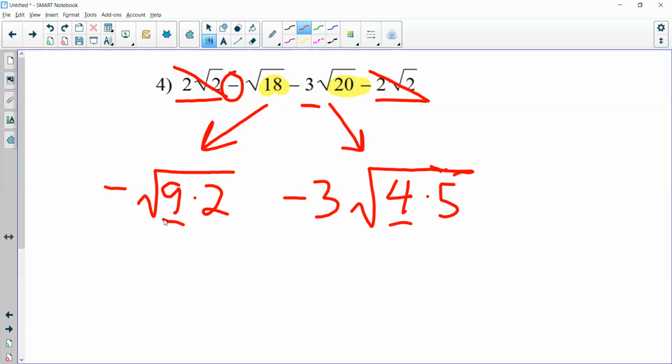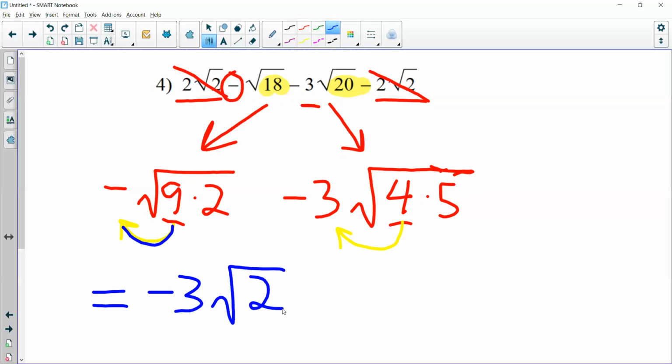9 is a perfect square. The 9 will come out of the radical. The 4 will come out of the radical. And we will be left with, when I pull out the 9 from the radical, it becomes a 3.